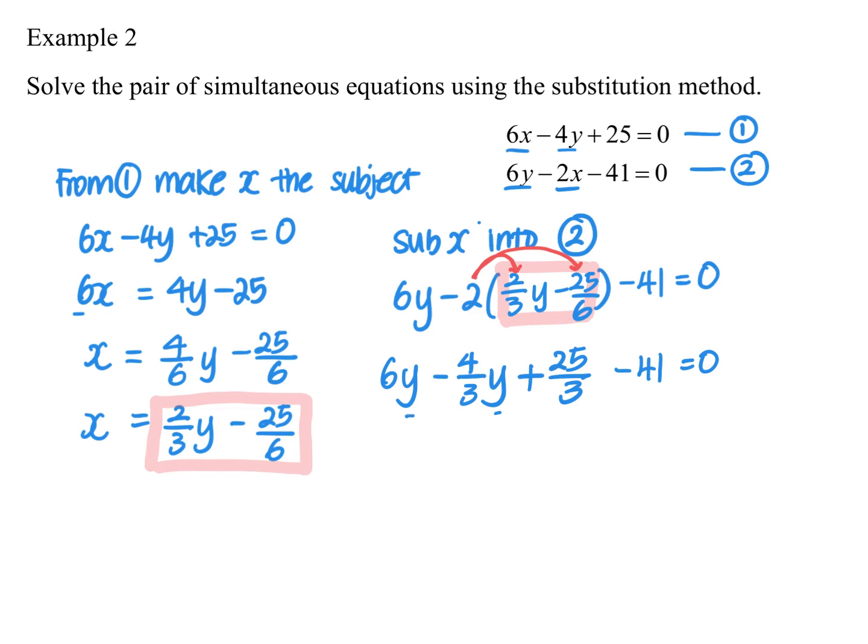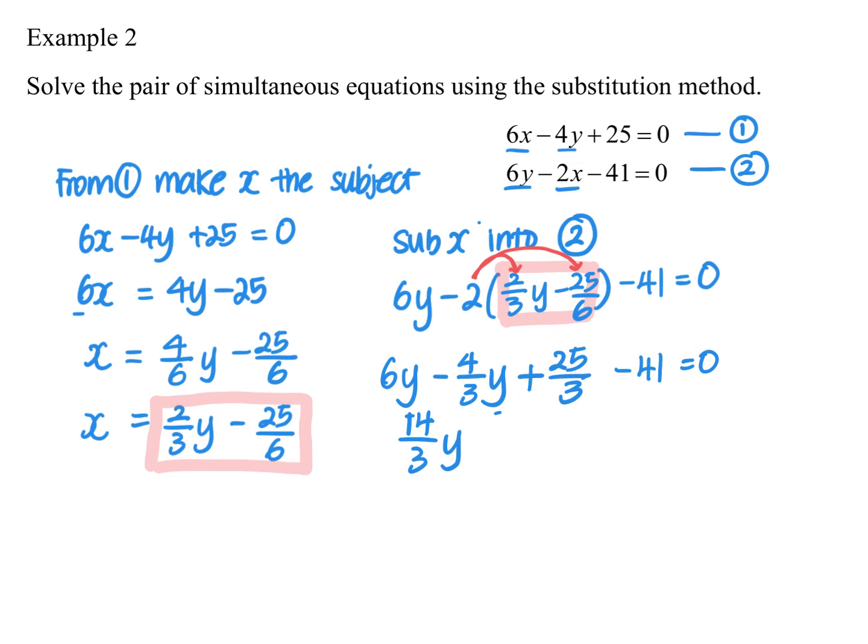Right? Now let's try to do a little bit of simplification. So 6y minus 4 over 3y. So what is 6 minus 4 over 3? Let's use your calculator wisely. That gives me the number 14 over 3y. Okay, it's just a number. Don't worry too much about it. Right? Then the next one is a fraction.